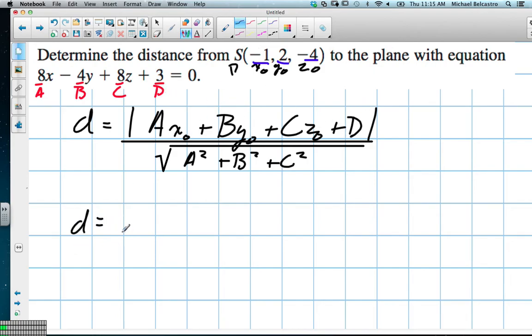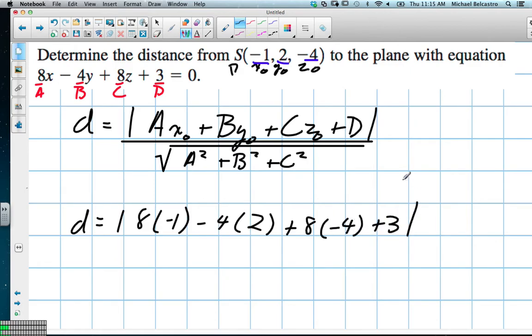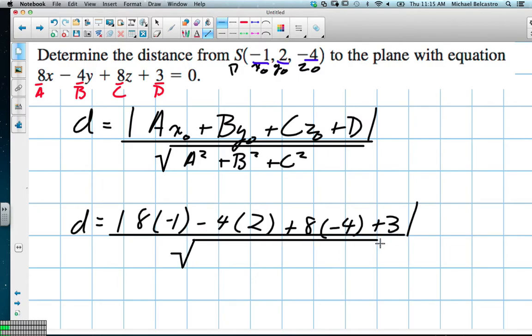So D is equal to the magnitude of 8 multiplied by -1 plus, it'd be easier to just write it as -4 times 2 plus 8 times -4 plus 3, all divided by the square root of 8 squared plus -4 squared plus 8 squared again.